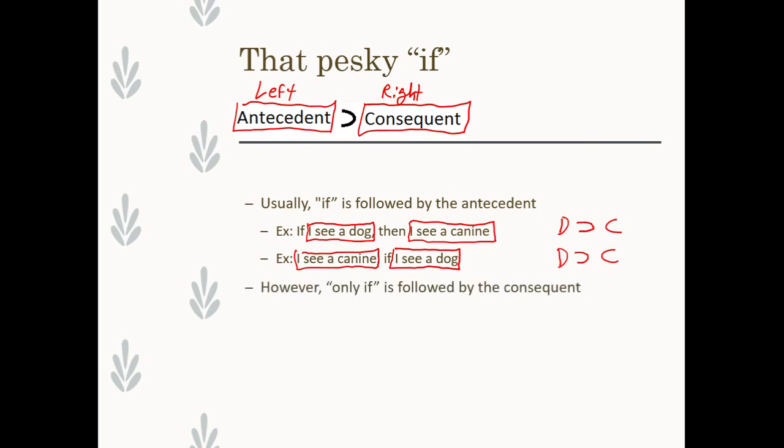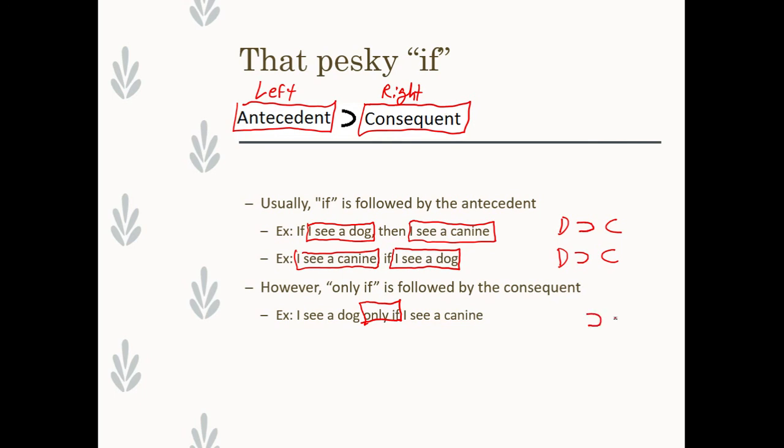When you see only if, that's going to be followed by the consequent. So whereas if by itself is followed by the antecedent, only if is followed by the consequent. For example, I see a dog only if I see a canine. Here you have only if, and that tells you whatever comes after only if is going to be your consequent, and your consequent is the right side of the horseshoe.